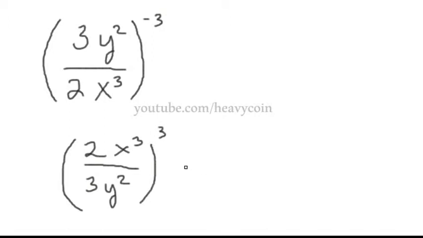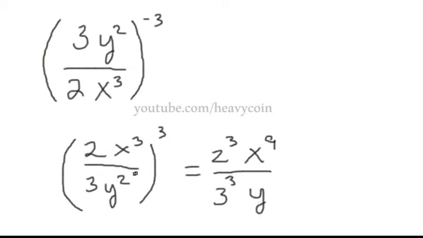Okay, now what we're going to do is take 2 raised to the third. It's x, you multiply exponents, so this becomes x to the ninth over 3 raised to the third. And this is 2 times 3, which is 6.